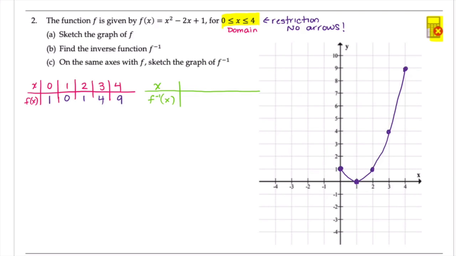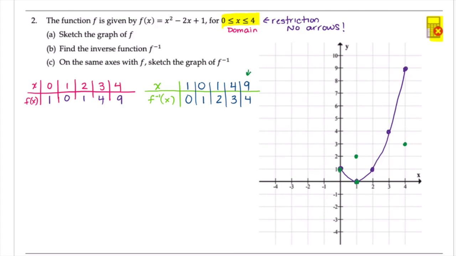So what happens with inverse? The x and the y values swap. So I'm going to plot these coordinates on my grid. All right, so now that I have that, this point here, we won't be able to graph.